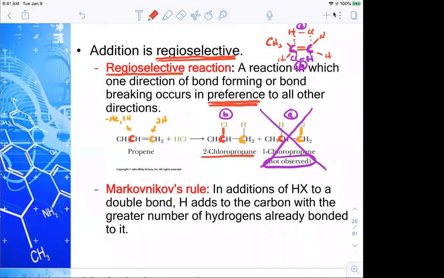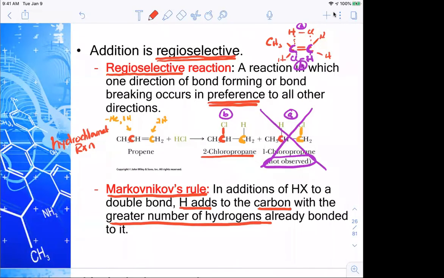This type of reaction, which is a hydrochlorination, actually observes Markovnikov's rule. The rule states, in additions of HX to a double bond, the hydrogen will add to the carbon with the greater number of hydrogens already bonded to it.